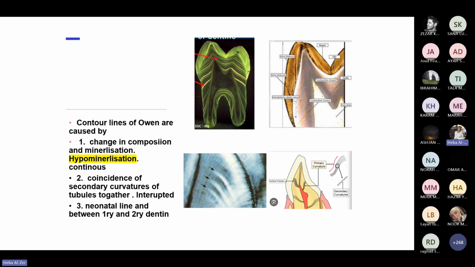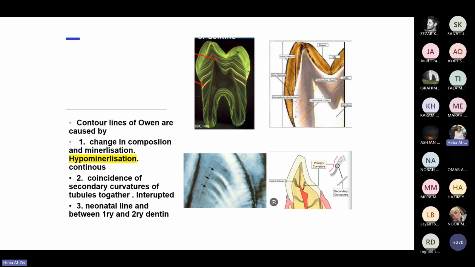The contour line of Owen is caused by even hypomineralization of Andresen lines, as you can see here. If that happens, they are continuous, the whole thickness of dentine, okay? Or by secondary curvatures of dentinal tubules, as we see here.